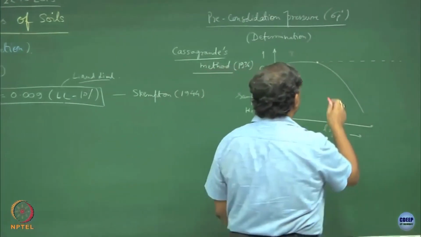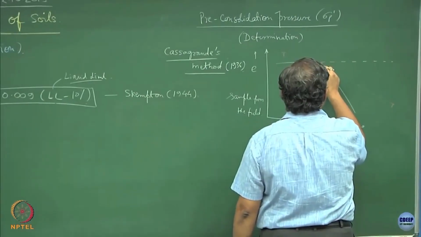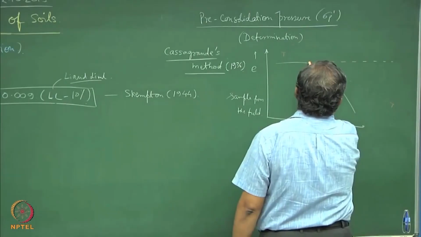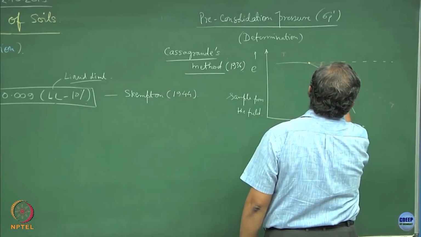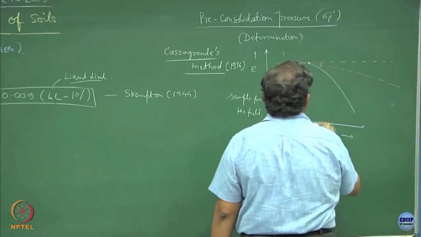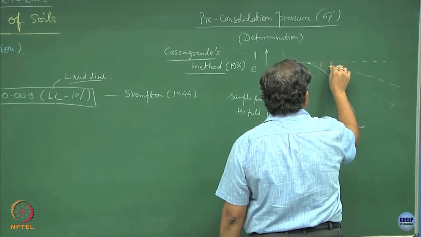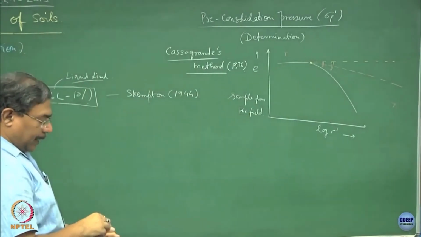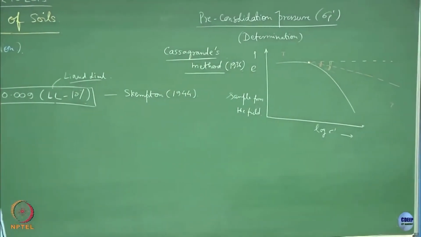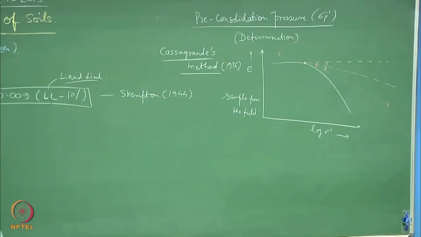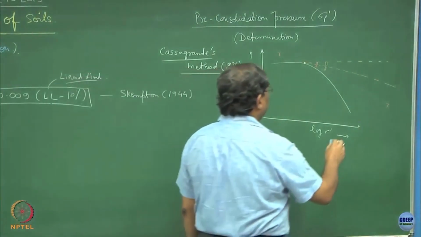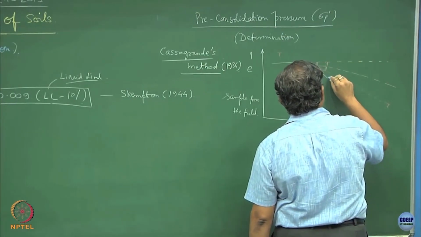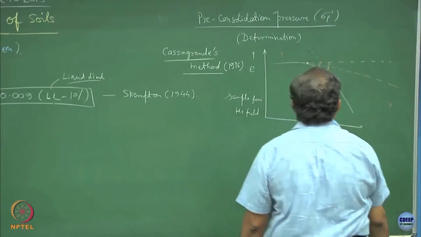Divide this angle alpha in equal halves. So, this becomes equal to this. Extend the virgin consolidation curve which you have obtained backwards.